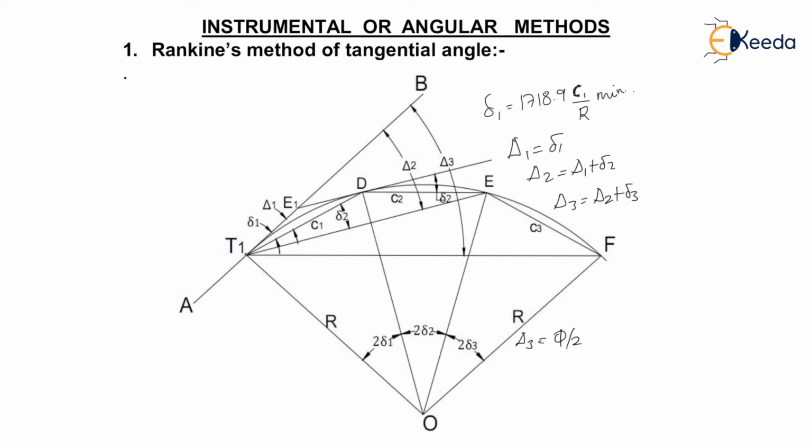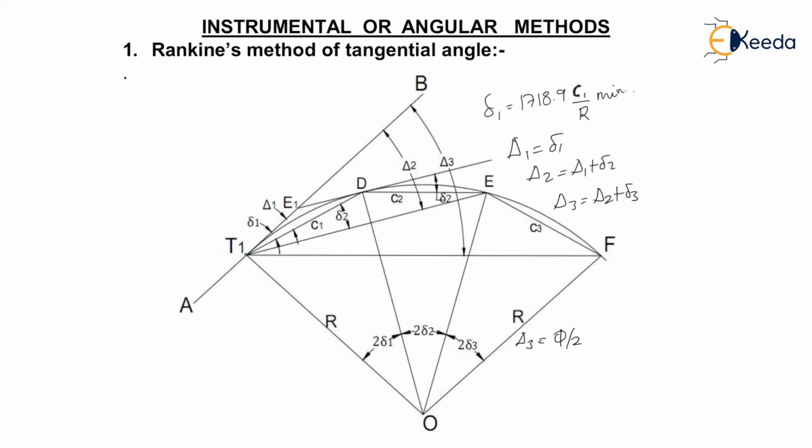In this manner we get the first point D. We are standing at T1 with the telescope set at angle delta 1, bisecting towards D, but we don't know the length. So from T1, by knowing the length, we swing the chain until we bisect the line of sight, and the point we get is point D.